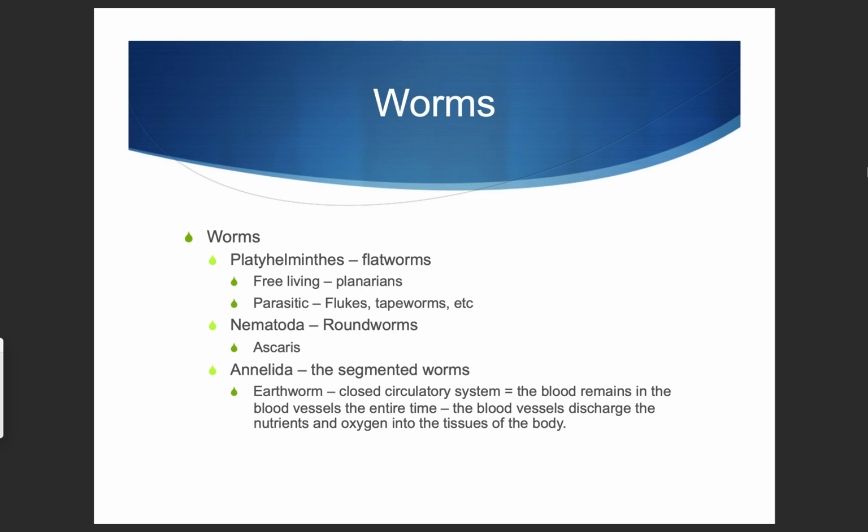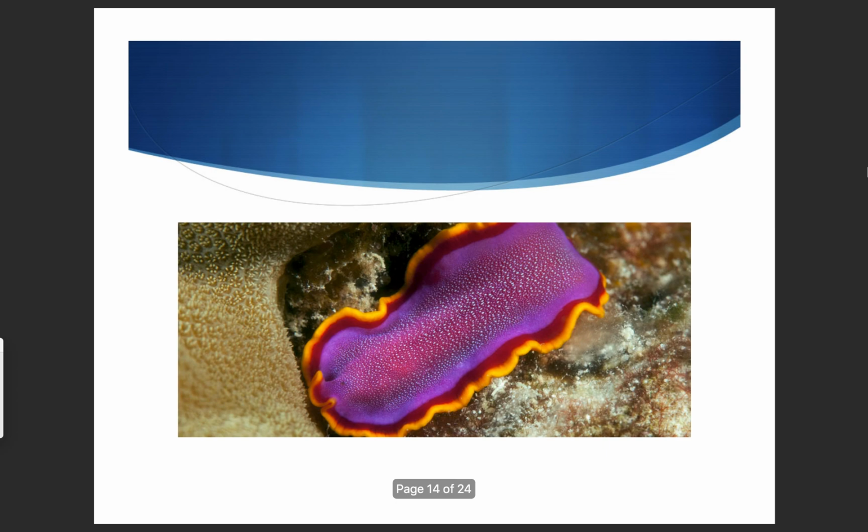And then when they get to the different parts of the body, like your fingers and stuff, they branch out into smaller vessels so that they can distribute the oxygen and pick up carbon dioxide. But for worms, they have what's called a closed circulatory system, meaning the blood never goes out of the blood vessel.